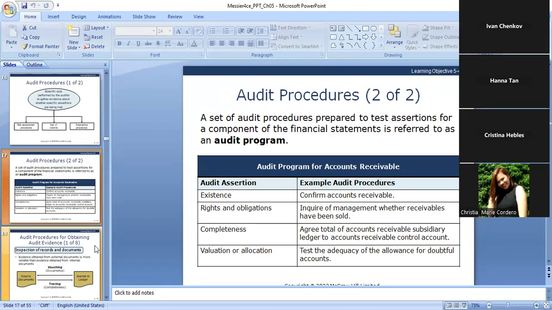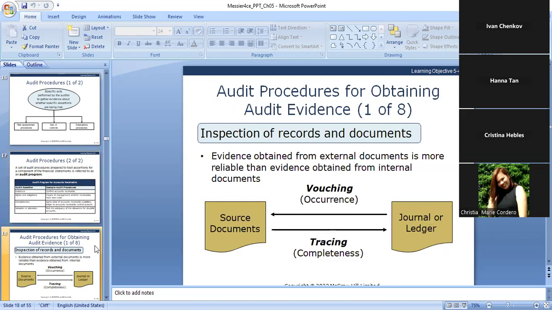That will be a different story. If we want to audit the assertion related to valuation and allocation, then the audit procedure has to be to test the adequacy of the allowance for doubtful accounts. What will be the evidence that's going to support that this is actually accurate, adequate? That will be a different story.